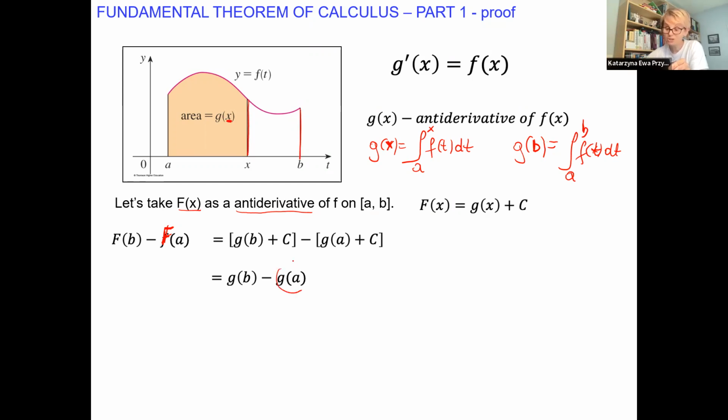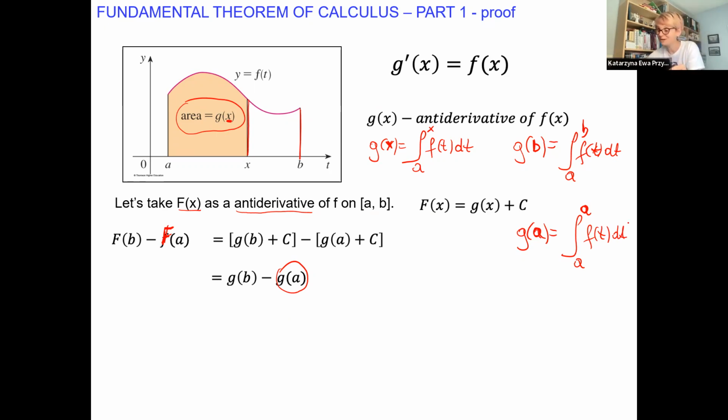And what will be g of a? Can I write here? G of a, based on my settings, my definition, will also be the antiderivative, the integral of f of t dt from a up to a. And from a up to a, what's the area? What's the integral from a to a?